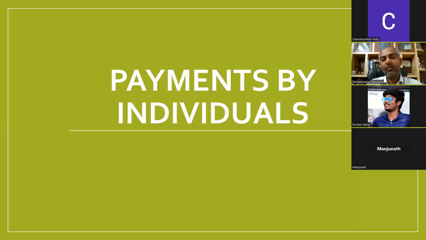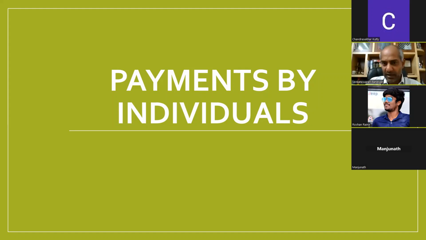Okay, now we'll get into a new category of payments. All these payments, whatever we saw so far, are payments made by business people. So we saw salaries, because they engage people for business purposes, salaries are paid. We saw rent, again paid for their business purposes.